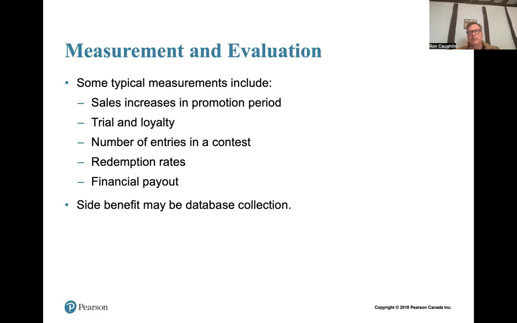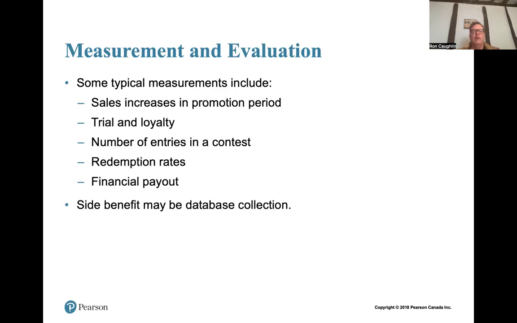After you've put this together, you want to make sure you have good measurements in place. A lot of times we did monthly product promotions at Dairy Queen or McDonald's or Tim's, and we would look at sales increases over a promotional period. Same store sales from the previous actual year. We also may look at trial and loyalty, number of entries in a contest.